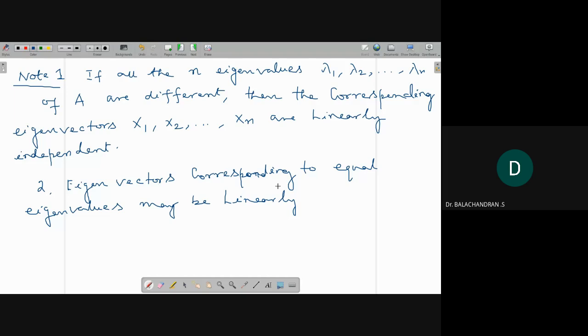You should remember the second property: may be linearly independent or linearly dependent.